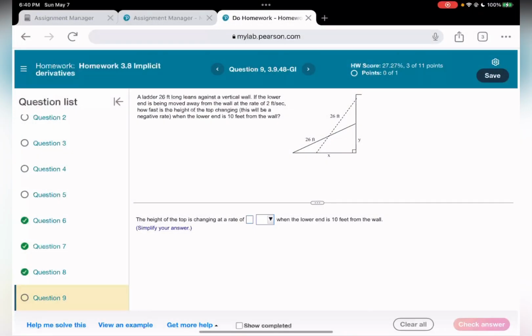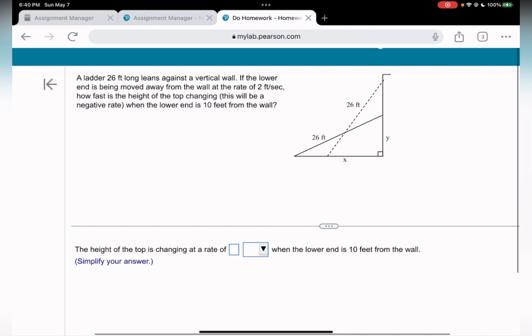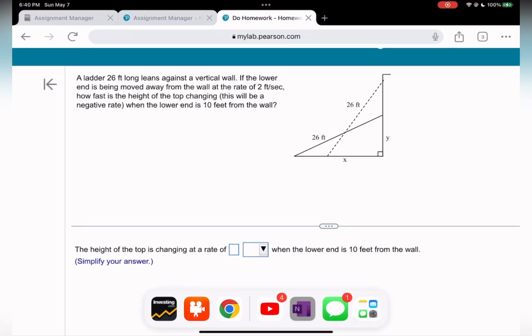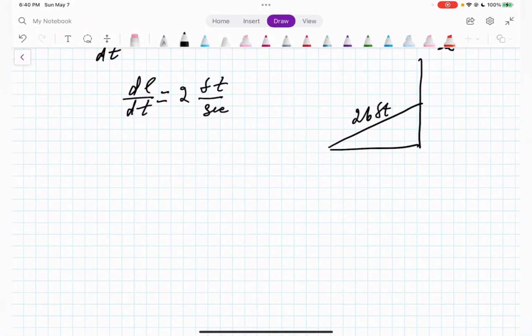How fast is the height of the top changing? And this will be negative rate because it's going down, okay? When the lower end is 10 feet away from wall. So I guess this one is the one that they lowered, but they lowered it to this position.